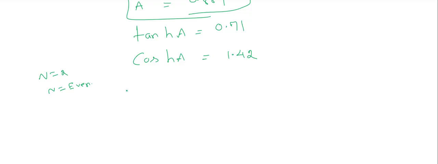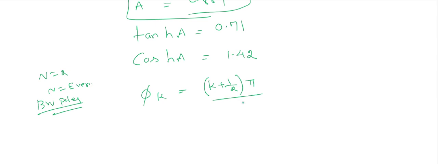So the determination of poles will be pi k. This is the normal Butterworth poles: pi k is equal to (k plus 1 by 2) into pi by n, where k is equal to 0, 1 up to 2n minus 1.